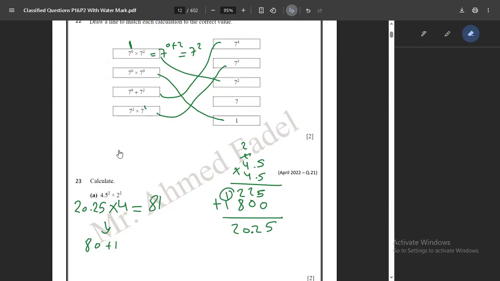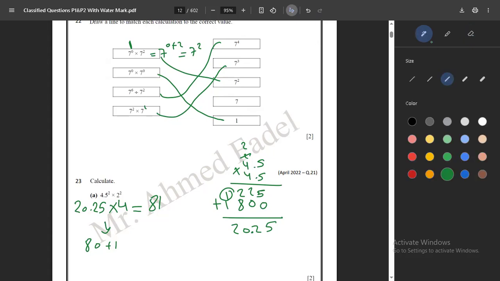You're going to find that it's going to give you 8,100. But I have 2 digits after the decimal point, so it's going to give you 81.00, which is the same as 81. Just do the multiplication normally.